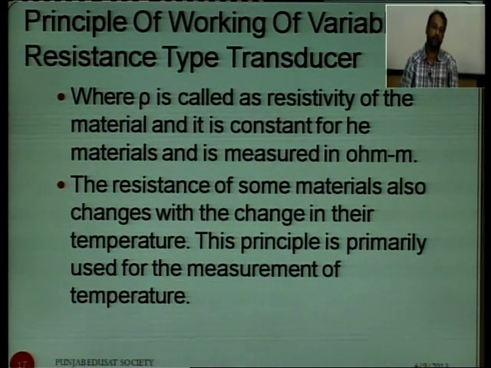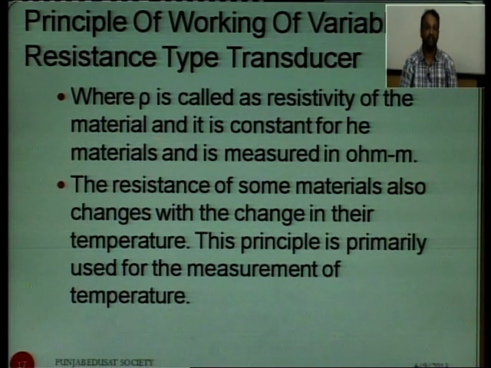So, another parameter upon which a resistance depends is temperature. This principle of change in the value of resistance with temperature is primarily used for the measurement of temperature. So, there are some resistances which are temperature dependent and these types of resistances are used for the measurement of temperature.